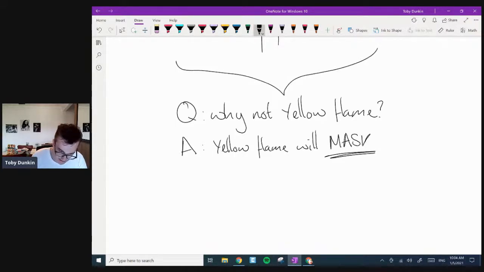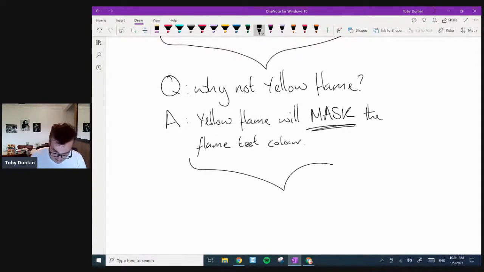The word mask means to cover. Yellow flame will mask the flame test color. So all you'll see is yellow.